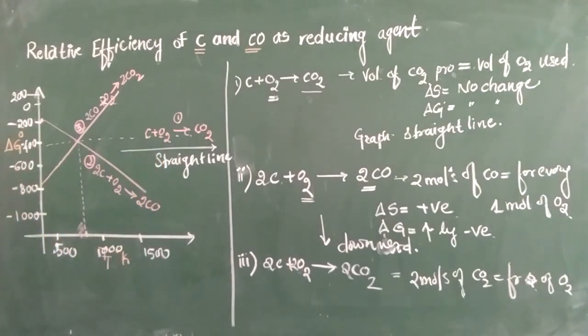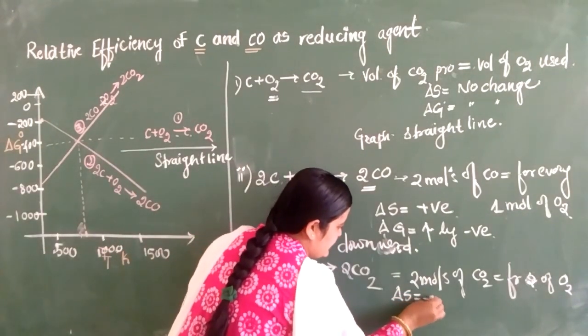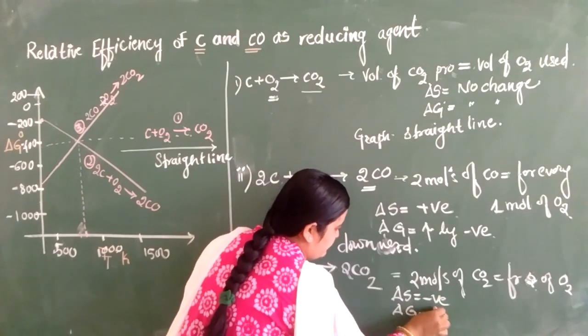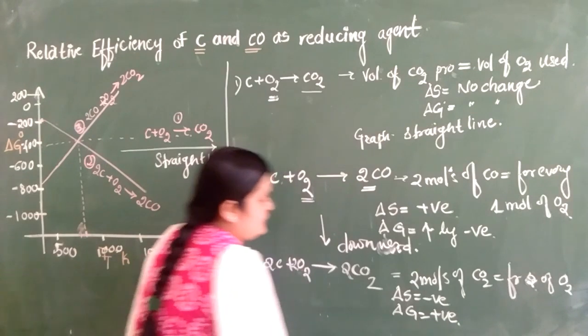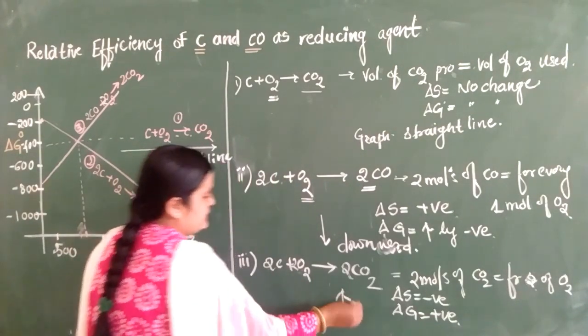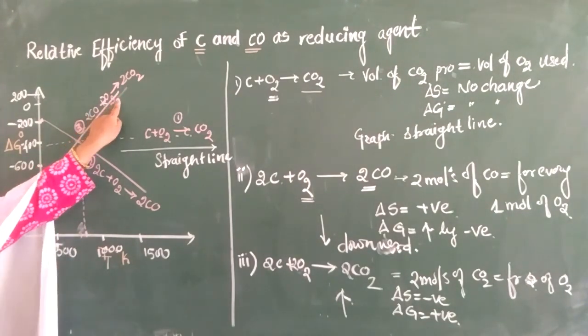For every 2 moles of CO2, delta S will be negative in nature, and delta G will be positive in nature. If it is positive in nature, the slope of the graph which will be obtained is upward in nature.